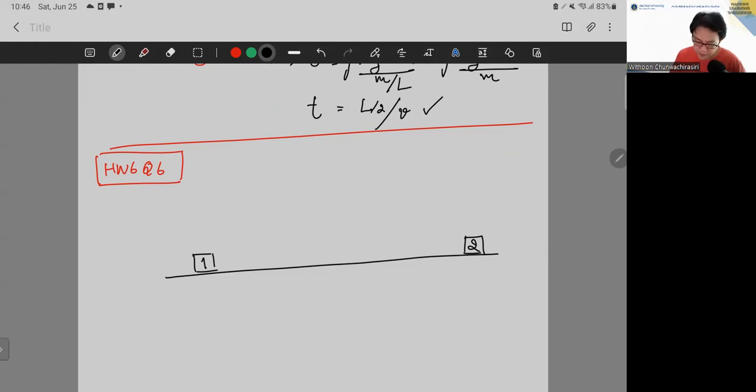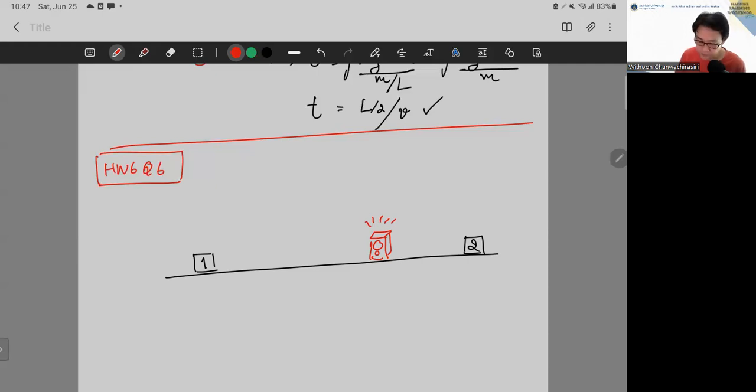Between two observers, the speaker must be somewhere. Because observer number 1 hears 60 decibels, the speaker should be a little farther from observer number 1. It's going to be closer to observer number 2 than to observer number 1.